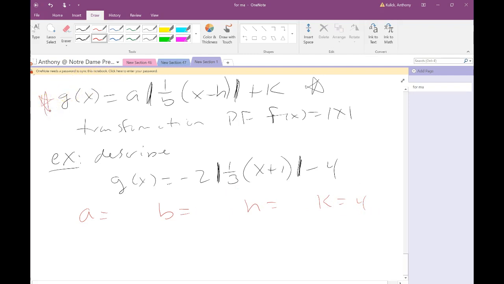So my value for a is -2. My value for b is 3. It's the reciprocal. My value for h is -1. Remember, there's a minus sign here, so it's the opposite. And then my value for k is -4. Did I already write it?